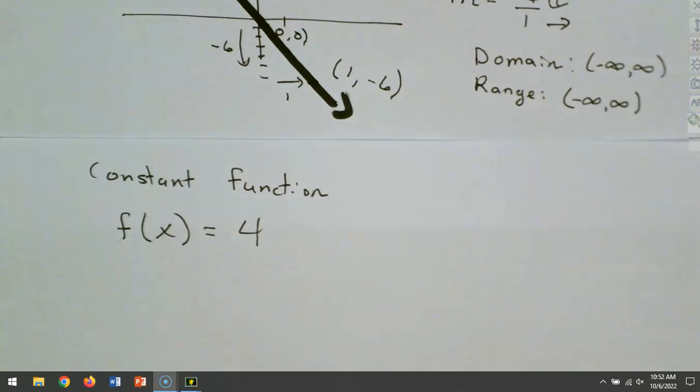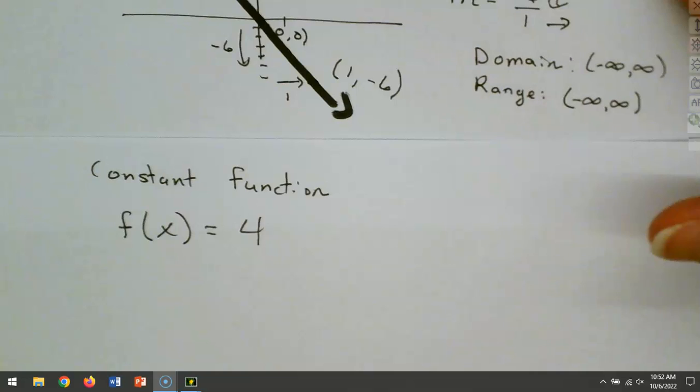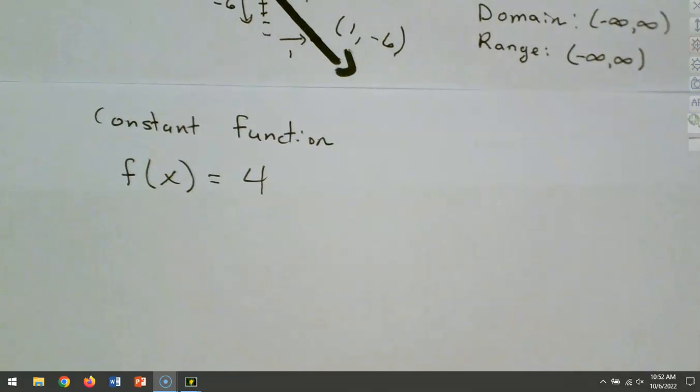Okay, this is called a constant function. Why it's called a constant function is you'll notice that there's no x on this, right? So it's a constant function. And what that means is that it stays at 4.